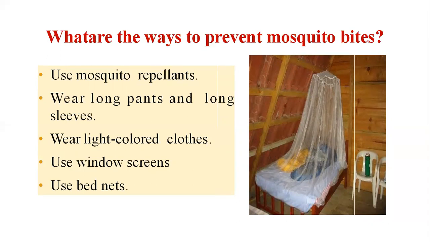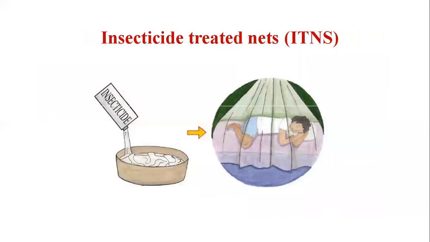And to combat malaria, you have to wear long pants and long-sleeve shirts. Light-colored clothes are preferable to dark colors. You can use window screens or nets. Mostly the mosquito bites at night, so when you are sleeping, always use nets. Insecticide-treated nets, ITNs, are also available, and you can use these.